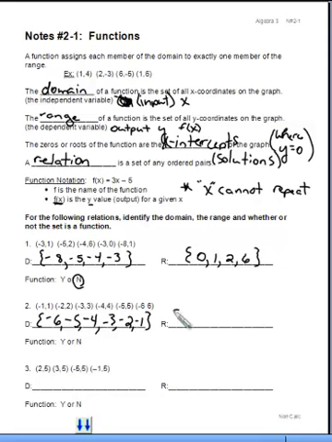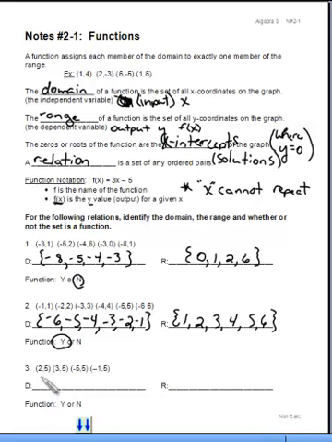And the range, looking at the y values, going from least to greatest, is 1, 2, 3, 4, 5, 6. Now, is it a function or not? Look at all the x's right here, not the y's, just the x's, and none of them repeat, so yes, it is a function.